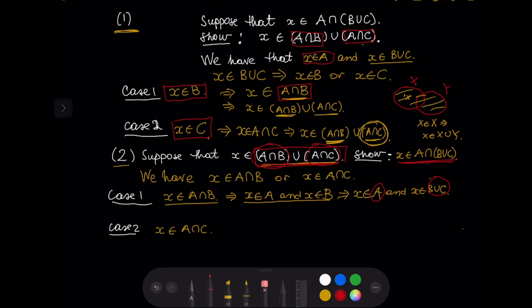We want it to be in this intersection. So implies X is in the intersection A and B union C.